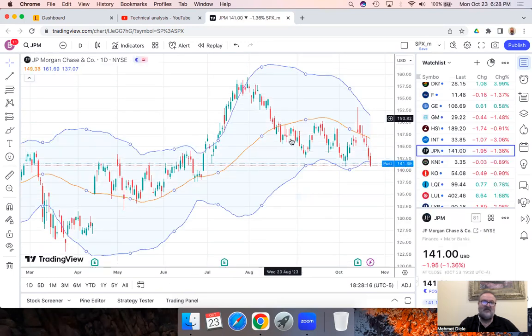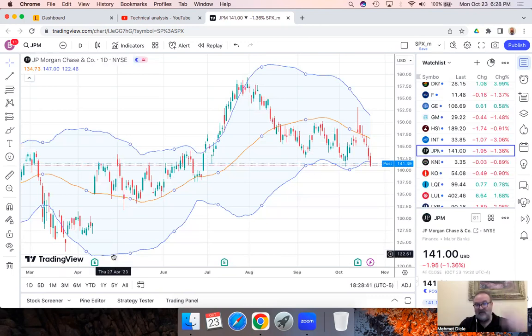Notice now that there's a lot more oscillation with JP Morgan Chase, and by the way, notice how the band actually narrows and widens during certain times, and it's based on the standard deviation of closing prices. So if these candles get big, as you can see right here, then you have a huge margin, and therefore your band is quite wide.